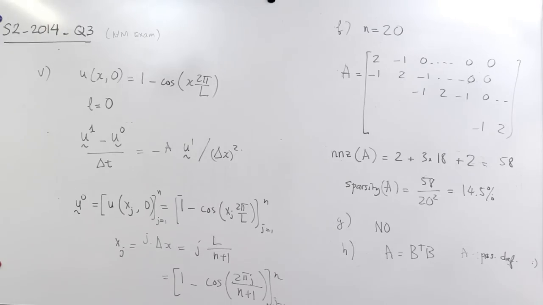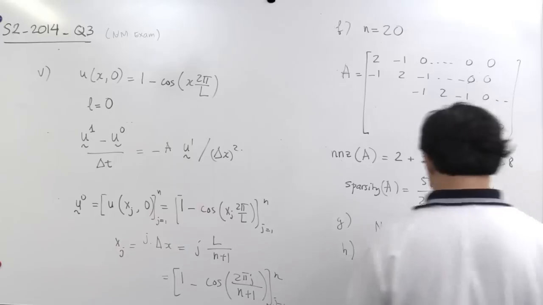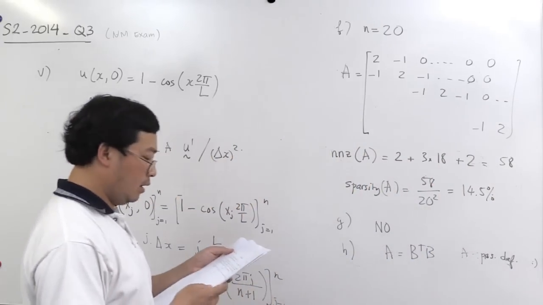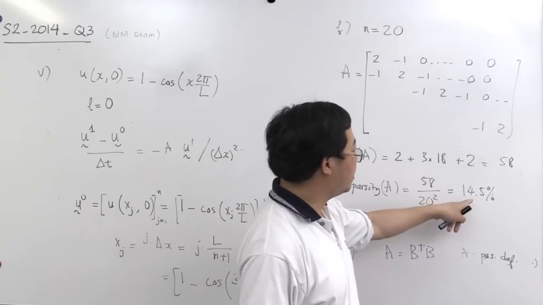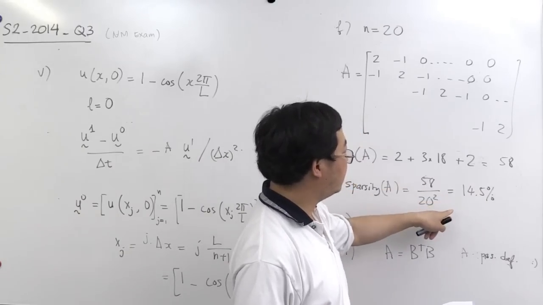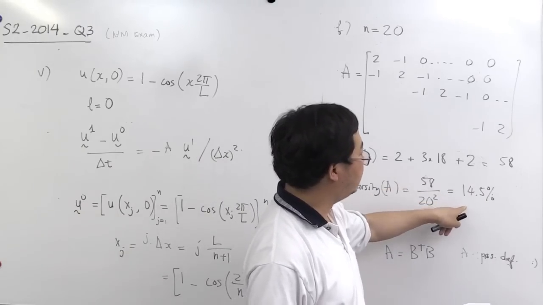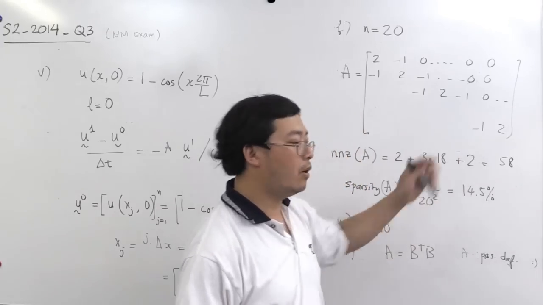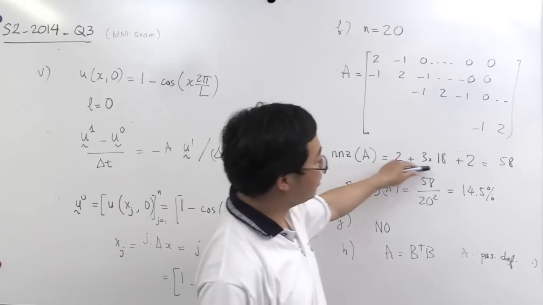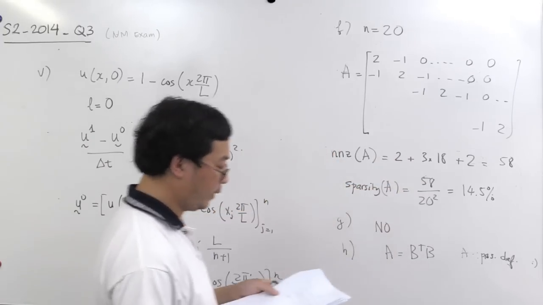The sparsity should be given in percentage? Well, it depends on the question, but if you write down sparsity either in percent like this, or like 0.014, it's still okay. Make sure that you got the ratio correctly.